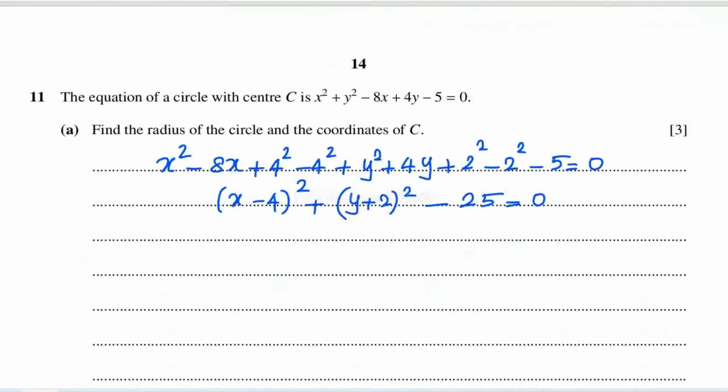So x minus 4 the whole square plus y plus 2 the whole square equal to 25, which can be written as 5 square. So now the radius is 5 and the center is 4, negative 2.